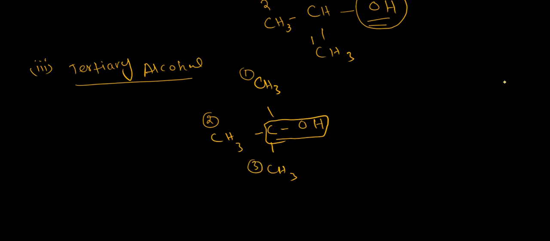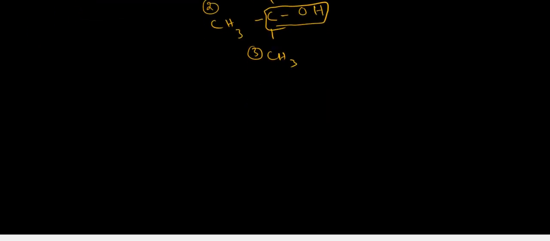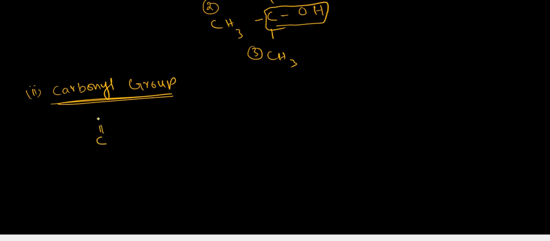Our study now is about the carbonyl group. It is simply when a carbon atom is bonded to an oxygen through a double bond, it is known as a carbonyl group. The carbonyl group is further divided into two classes. The first is aldehyde.